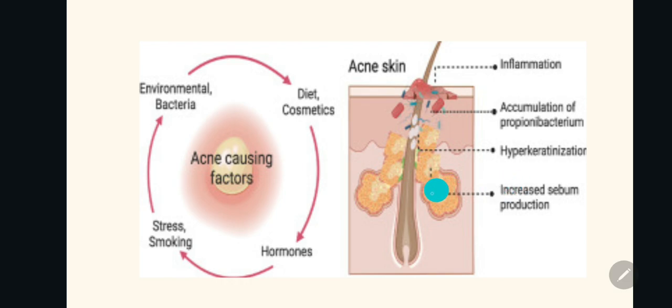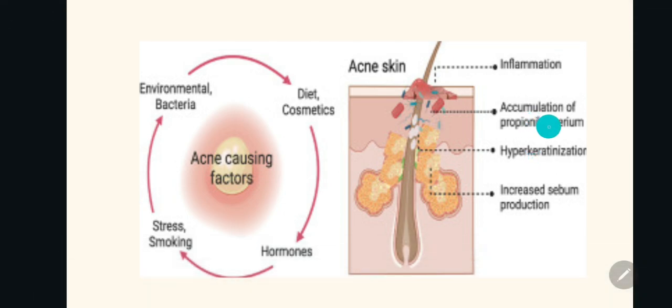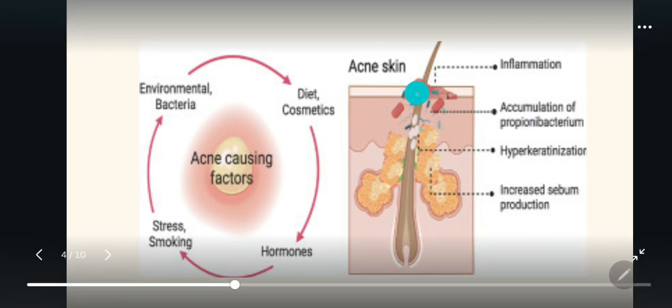So the main primary cause is increased sebum secretion rate and the accumulation of Propionibacterium acnes, which in turn causes inflammation and hypercornification and ultimately the occlusion of the pilosebaceous duct, which leads to the worsening of the sebum production, increased sebum rate and inflammation.